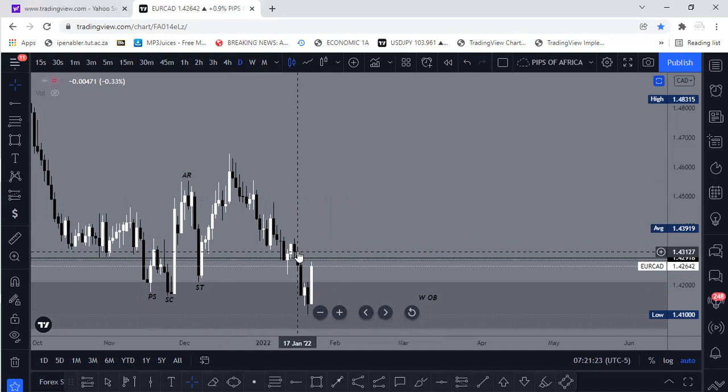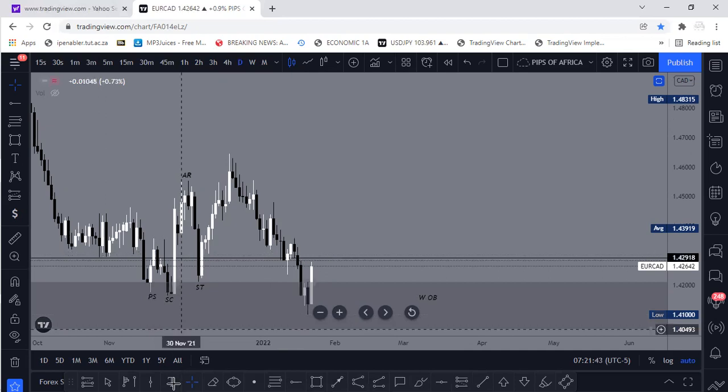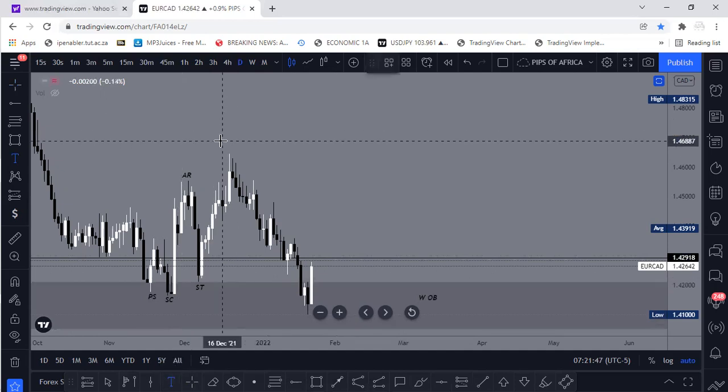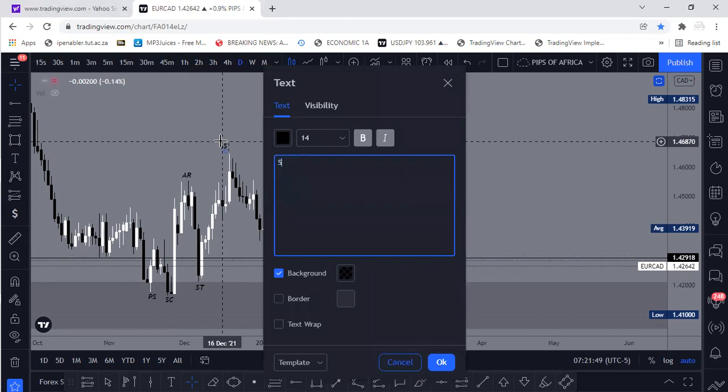So the first thing that happened is the preliminary support, the PS, and then we had the selling climax, the SC, and after the SC we had the automatic rally. After the automatic rally we had the secondary test. After the secondary test we have the sign of strength, also known as the SOS.